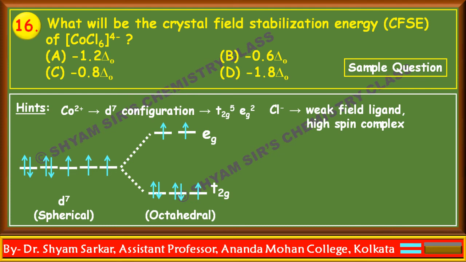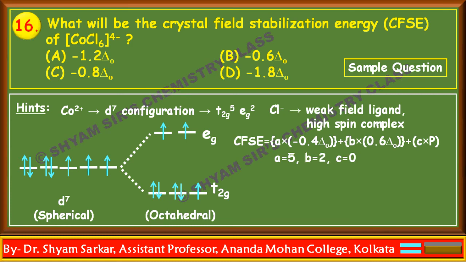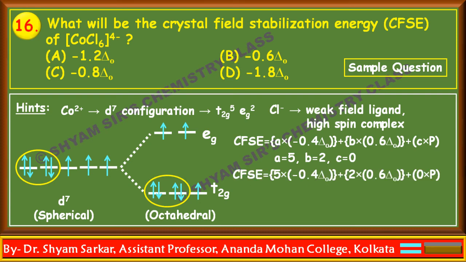CFSE equals 5 into minus 0.4 delta O plus 2 into 0.6 delta O plus 0P, because no additional pairing occurred here with respect to the spherical field. So that's why we will not consider pairing energy here. So finally CFSE becomes minus 0.8 delta O. So it matches with option C. So option C is the correct answer.